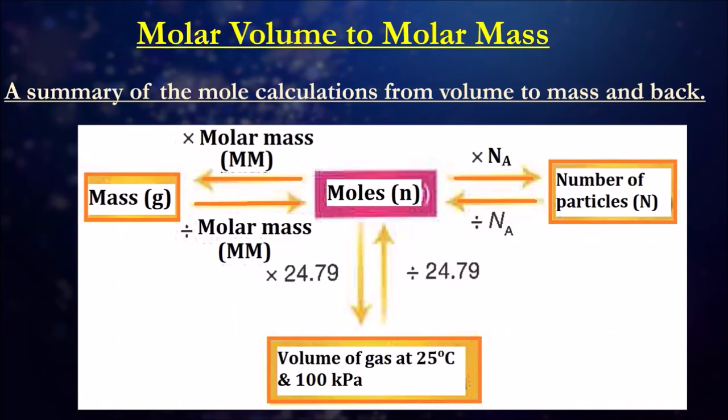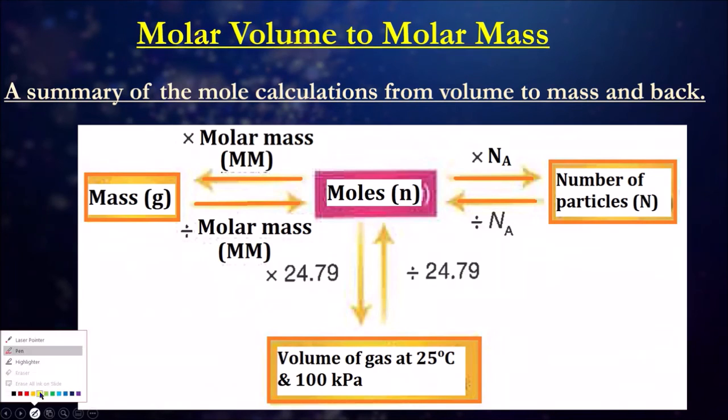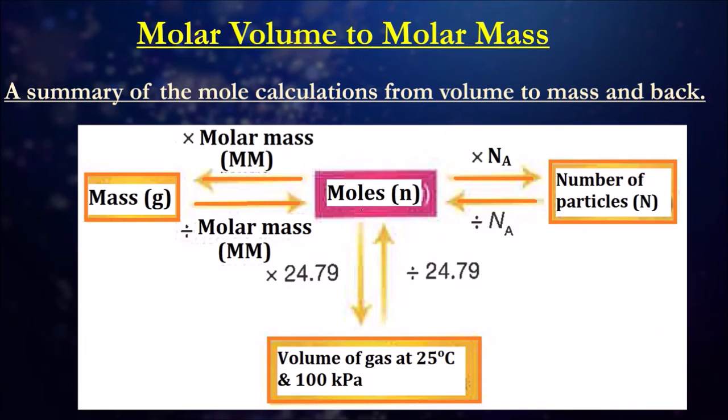And so there's an interesting relationship between molar volume and molar mass, because obviously if you know the molar volume, you should be able to convert back to the number of moles, n. If you know the number of moles, you should be able to work out the mass relationship and also the number of particles the gas may be occupying.